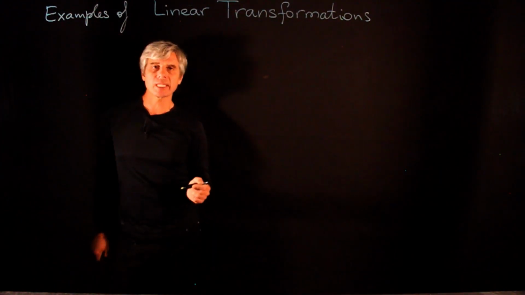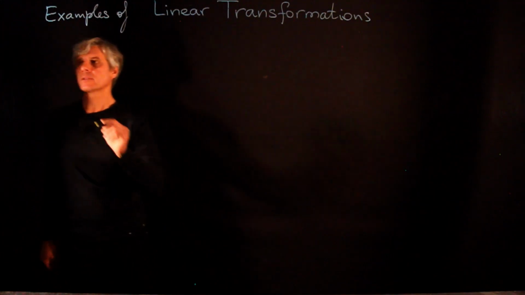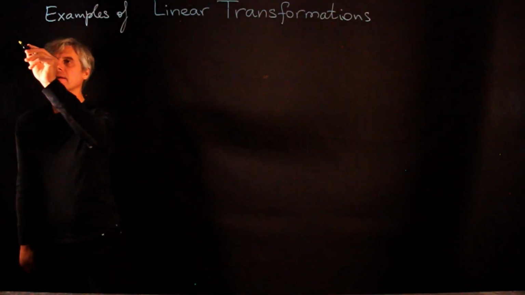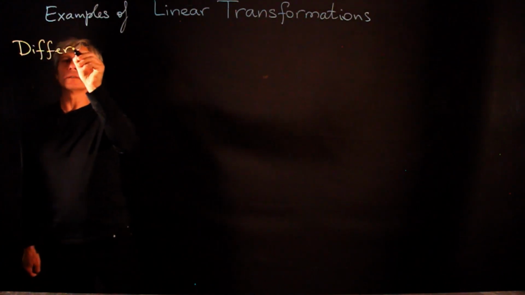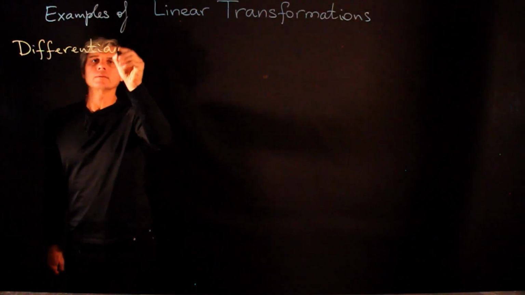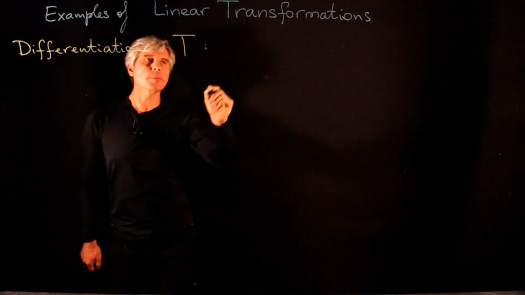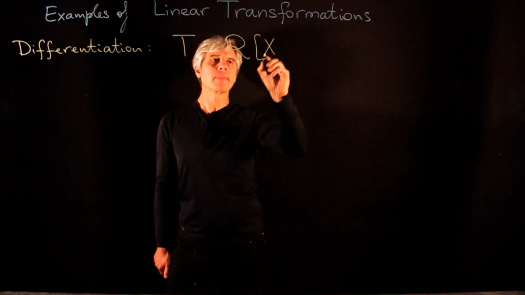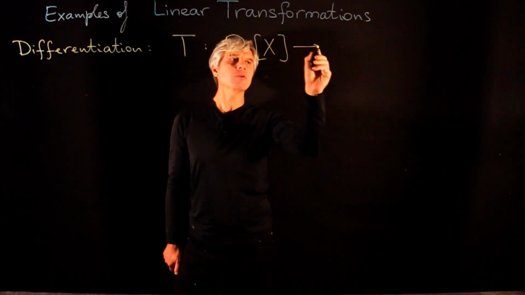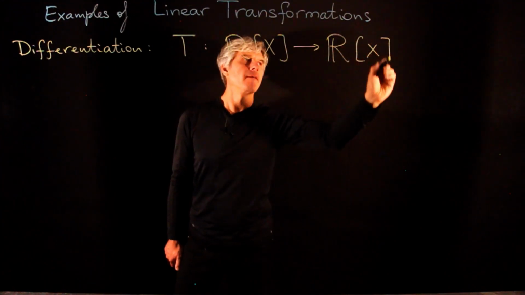Our next pair of examples will have the flavor of calculus. Let's consider the differentiation transformation. In this case, our transformation will be defined on the space of polynomials, with values, again, in the vector space of polynomials.